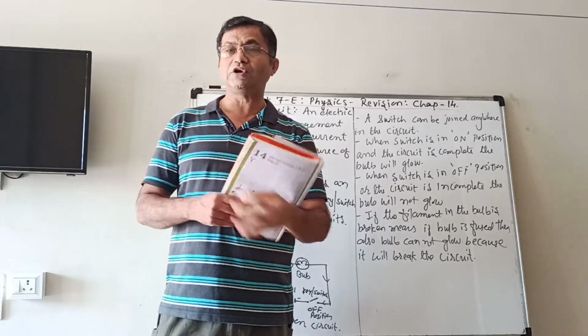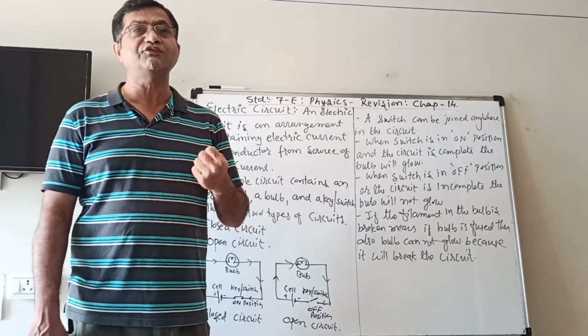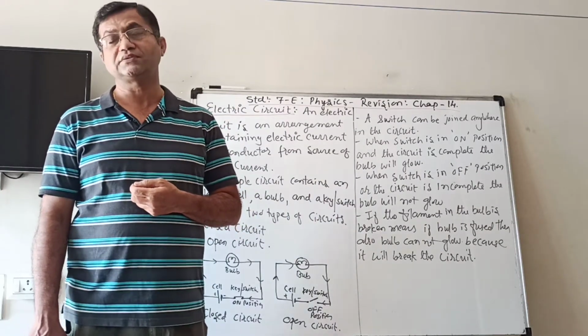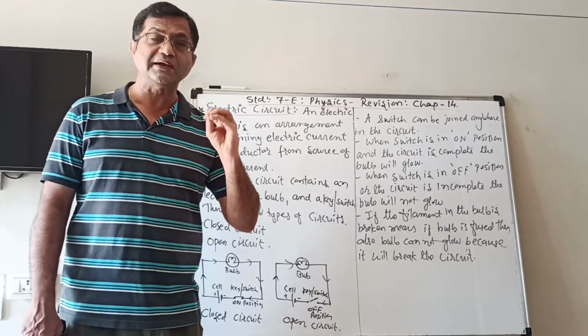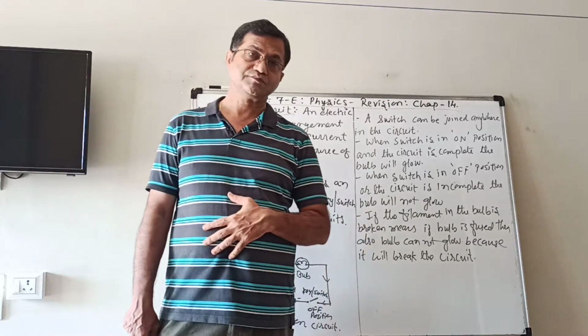So now, as I told you, to obtain the current from the sources of electric current, we have to make an arrangement which is known as a circuit.